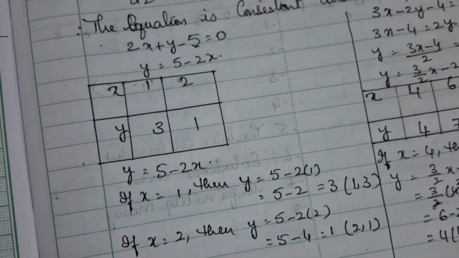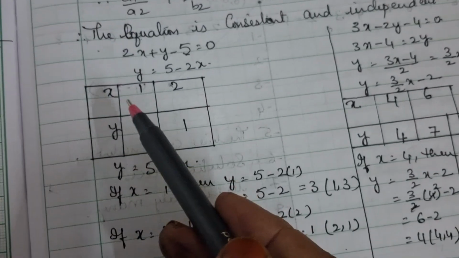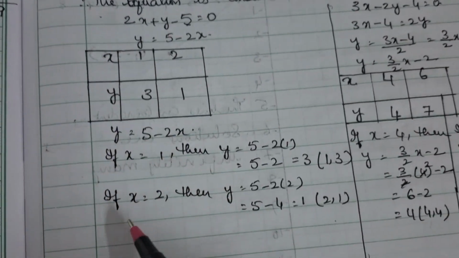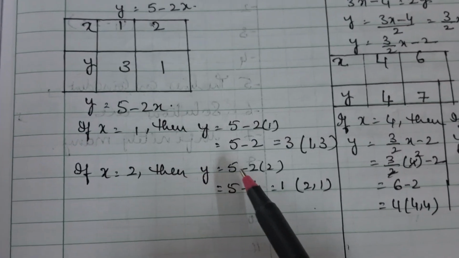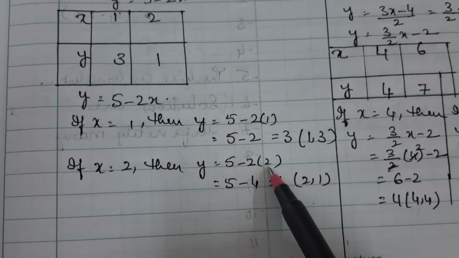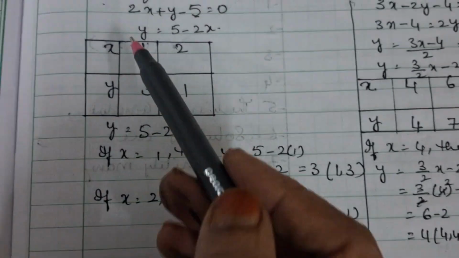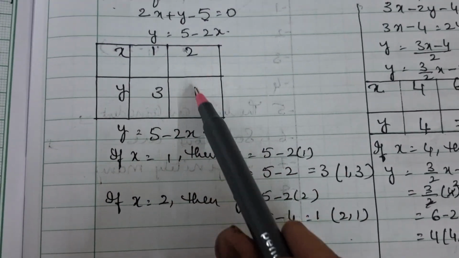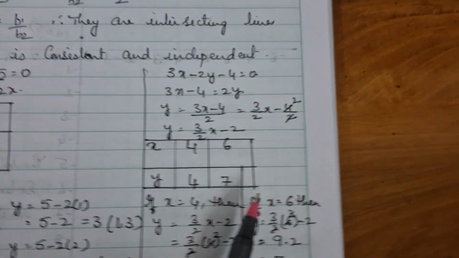So I have got the values 1 and 3. So this is 1, this is 3. Next, x is equal to 2. Then y is equal to 5 minus 2 into 2. That is 5 minus 4. That is 1, 2 comma 1. So 2 comma 1 are the values that I have written in the table. Now let us see the next equation.